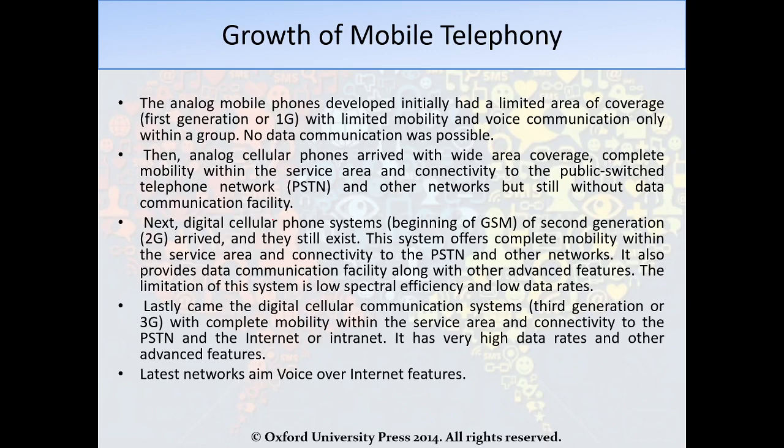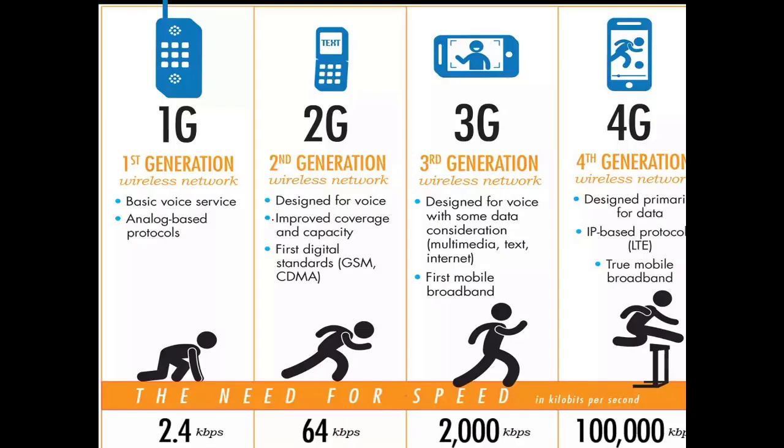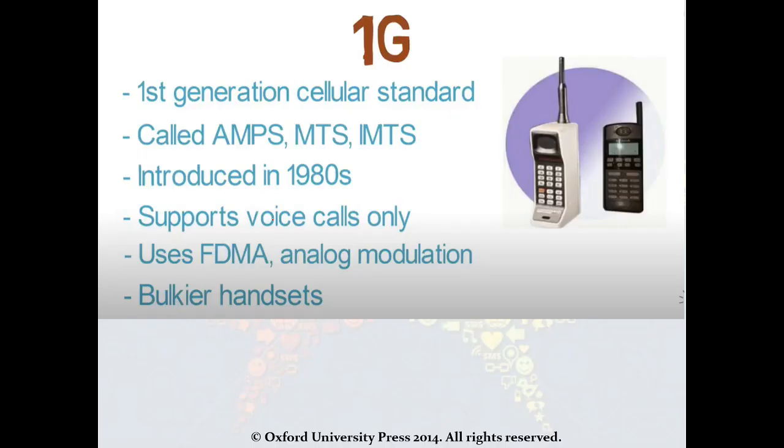Then the generation moved from 1G to 2G, where you transition from analog-based protocols to digital standards. For 1G, AMPS, the Advanced Mobile Phone Standard, was introduced in the 1980s, which supports only voice calls and primarily used frequency modulation and FDMA.